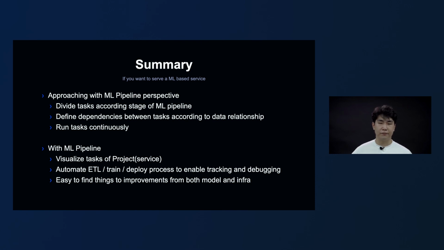And it is also important to make a visualization of these individual tasks. Automation is also important for the long run. So we have to think from an ML pipeline perspective to quickly find and improve the problems in the model and the infrastructure.